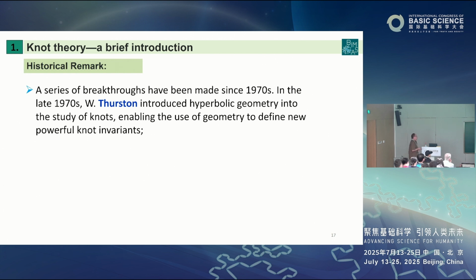A series of breakthroughs have been made since the 1970s. In the late 1970s, Thurston introduced hyperbolic geometry into the study of knots, enabling the use of geometry to define new powerful knot invariants, such as the volume of knots.